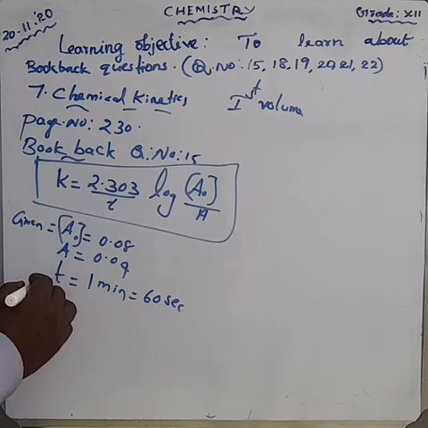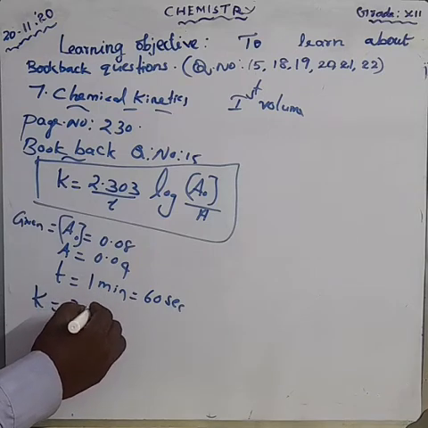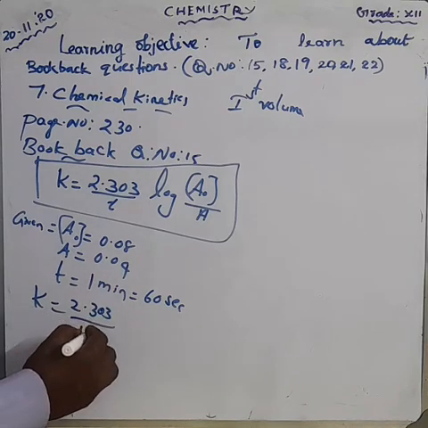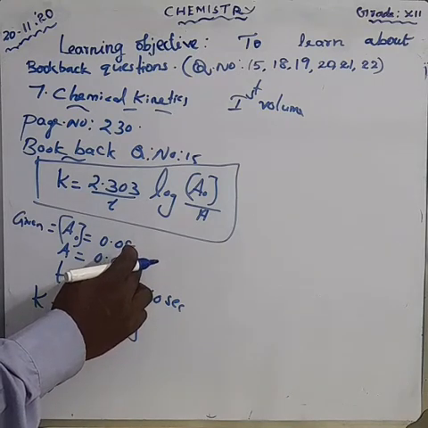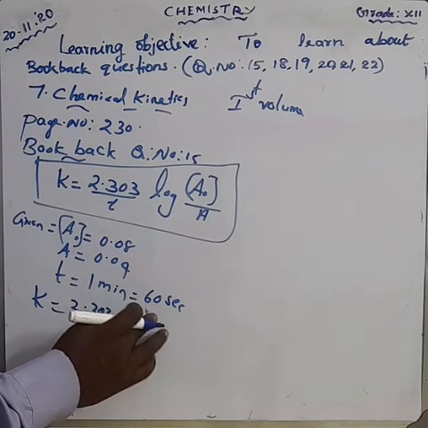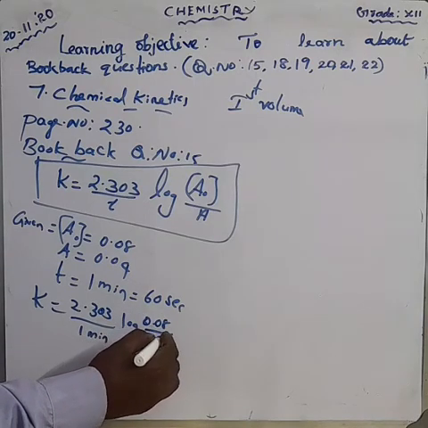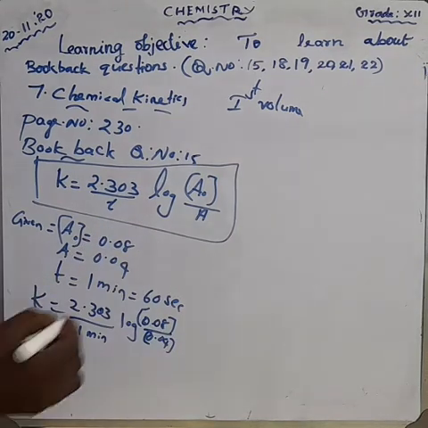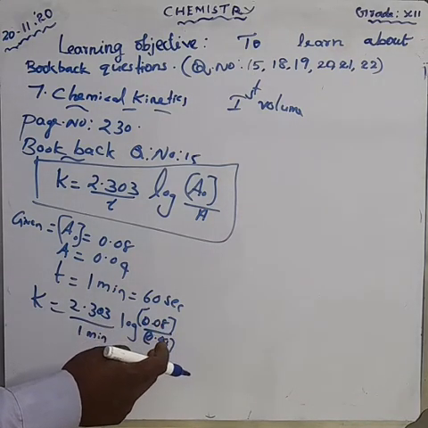Then K is equal to 2.303 divided by 1 minute, log of 0.08 divided by 0.04. Then we can rewrite this: 0.08 divided by 0.04 is equal to 2.